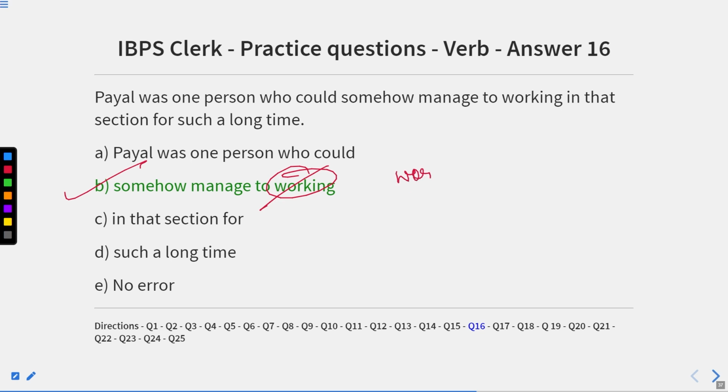So the correct sentence will be Payal was one person who could somehow manage to work in that section for such a long time. So remember always that if there is word manage, attempt, seize, afford, decide, these words are always followed by infinitives.